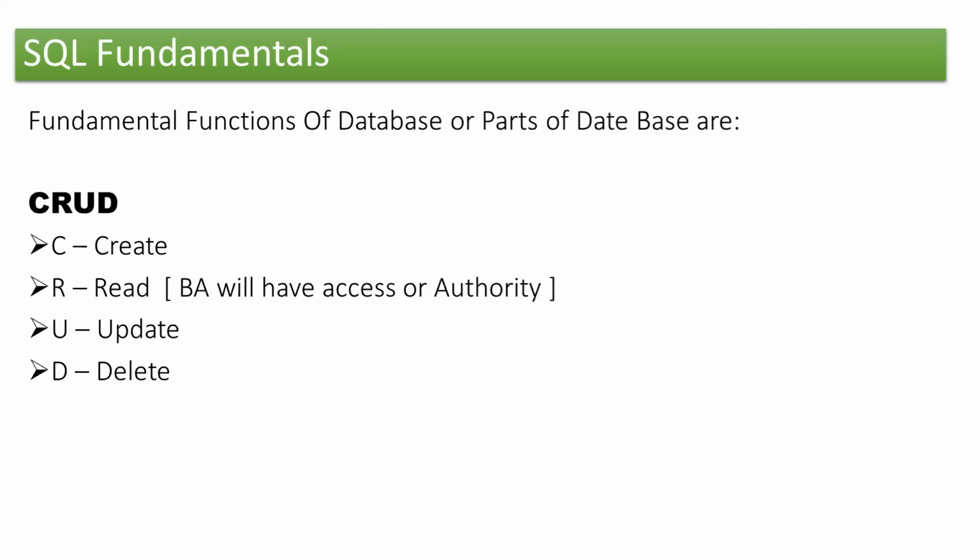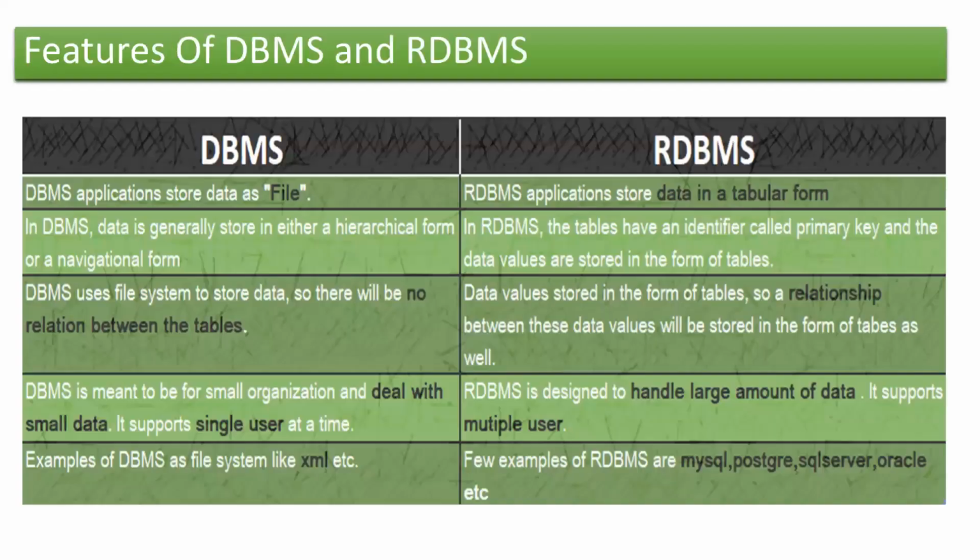So are we clear with CRUD and in terms of BA connectivity with SQL? So next is the features of DBMS and RDBMS. DBMS applications store data as files. In DBMS, data is generally stored in either hierarchical form or navigational form, something which does not have much shape or structure, like Notepad or WordPad.